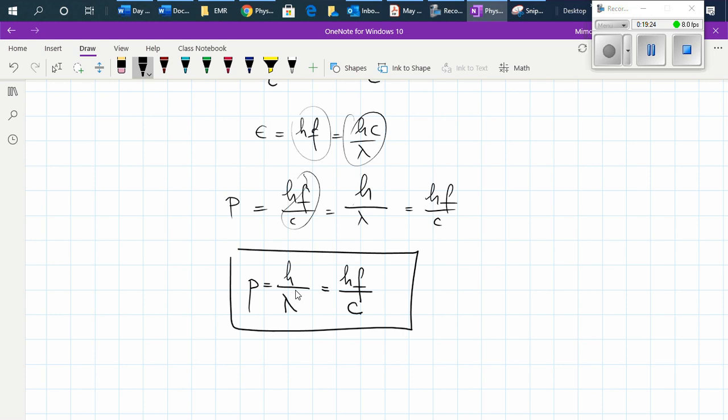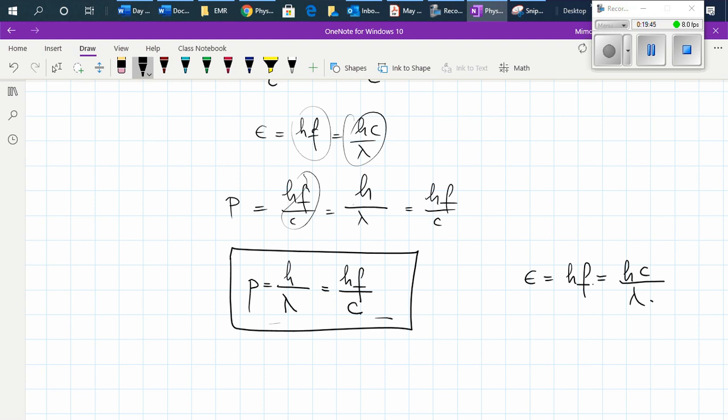So a photon does not have only energy, hf based on Planck's, but it has even momentum, even though it is a massless particle.